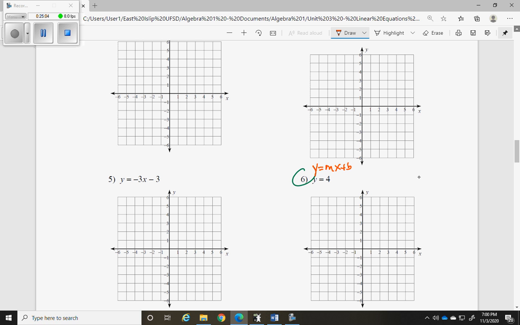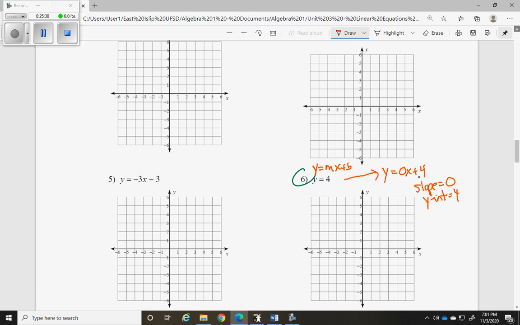It only has a b. I can write this as y equals 0x plus 4. Do you agree that y equals 4 is the same thing as y equals 0x plus 4? Which means that the slope is 0 and the y-intercept is 4.